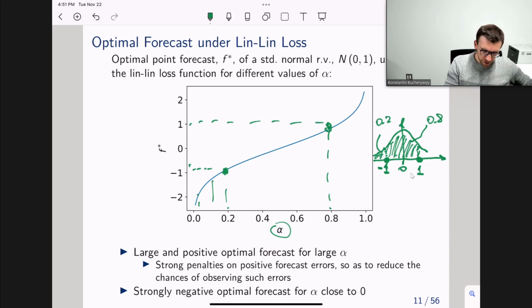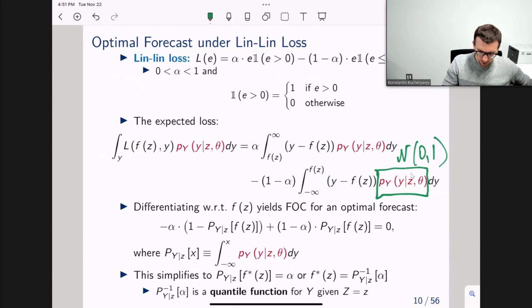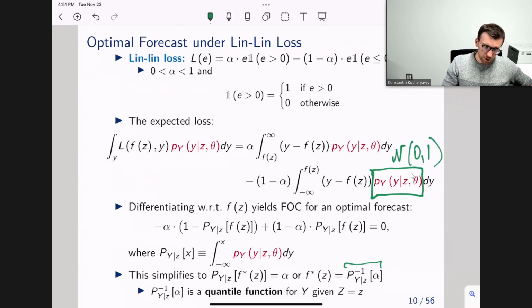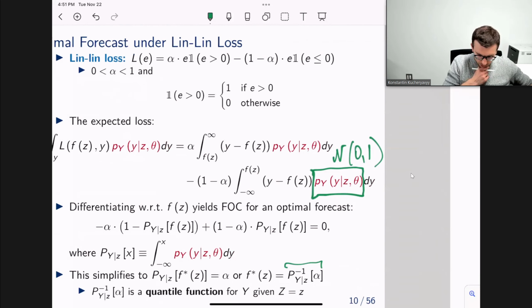Then if we fix alpha equal to 0.5, then we have the symmetric loss, and our prediction is 0, which is the median value. By the definition, the median value of any distribution is the 0.5 quantile.